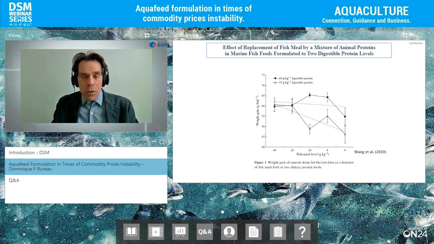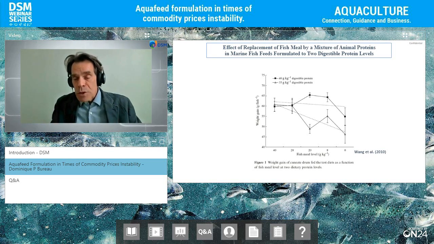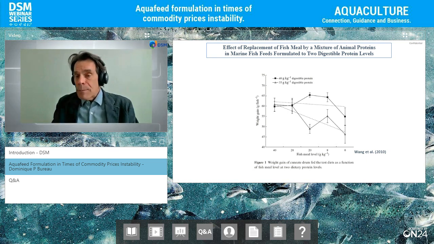He says, well, we're trying to replace expensive fish meal. In this case, we were funded by the Fats and Protein Research Foundation from the US, and he was testing different mixtures of animal protein: meat and bone meal, poultry byproduct meal, blood meal, feather meal. He would make a mix out of them and try to replace fish meal with that mix. And what he found is that if he formulated to a low protein feed, 35% digestible protein, the performance of the fish would drop at low levels of replacement.